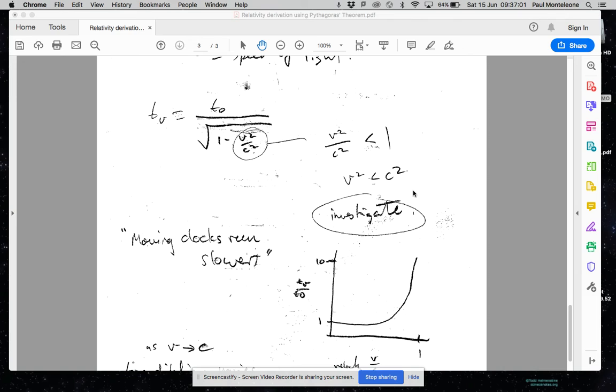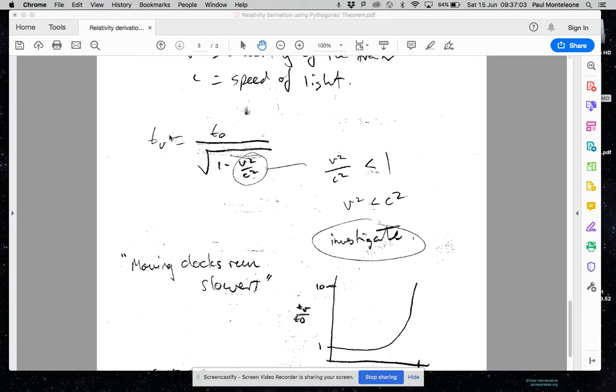So a simple way to think about this is that I've written here: moving clocks run slower. When you start to actually put some numbers in for different relativistic speeds, you find that the time as observed from the external observer is different to the time as observed from the observer in the rest frame. So moving clocks run slower.